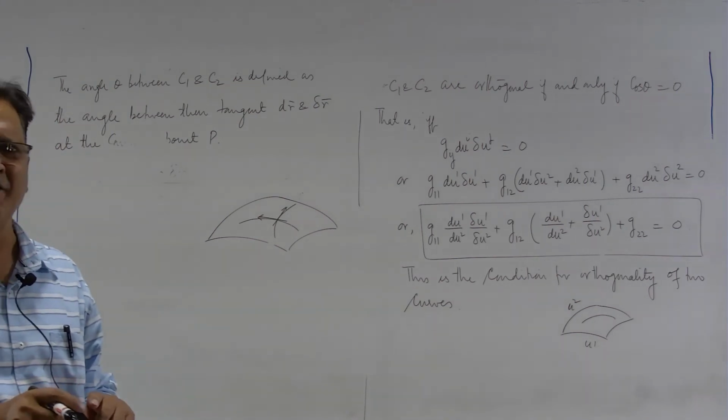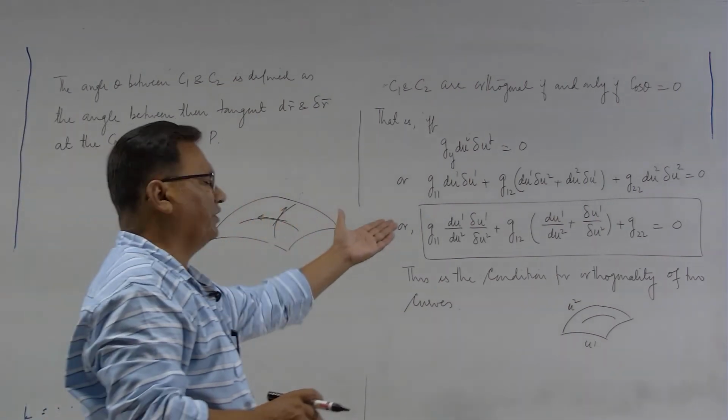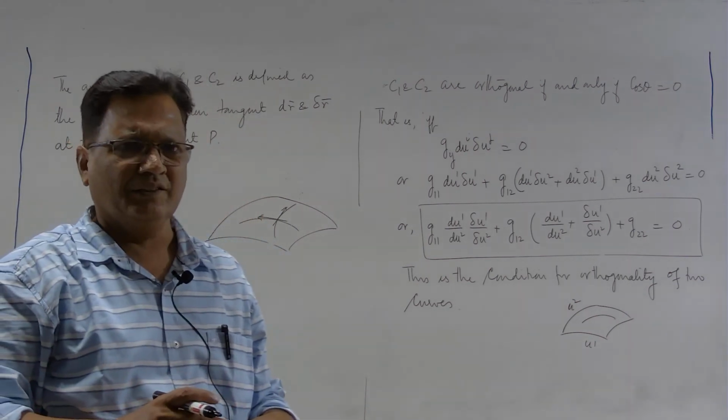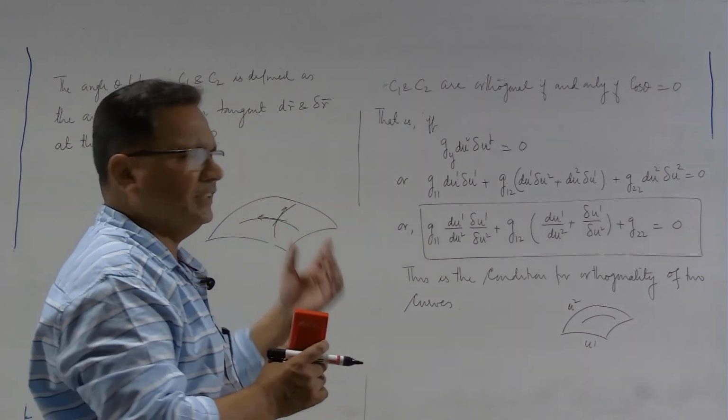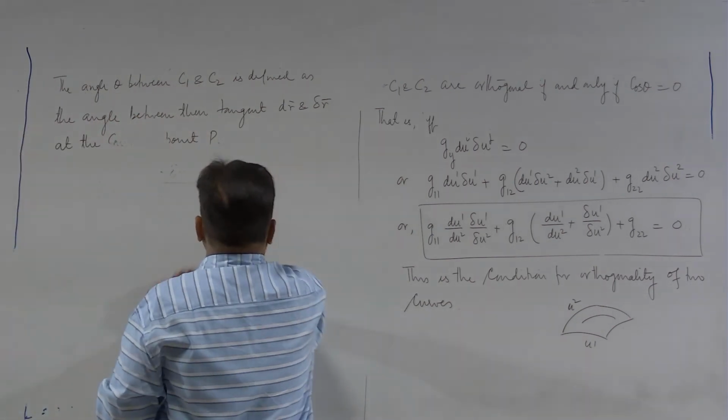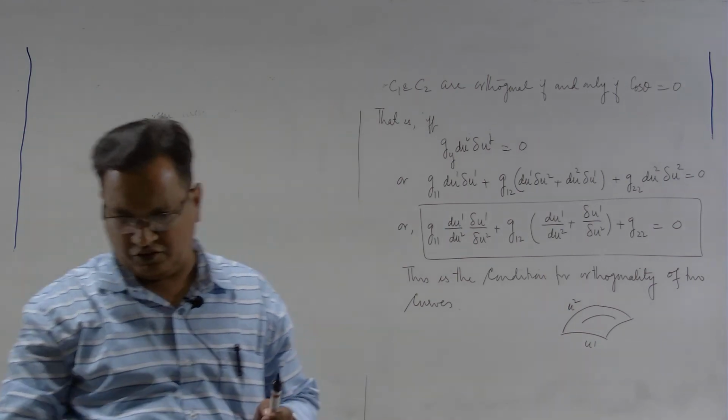Theta will be pi by 2, and that will lead you to this. But if the surface is complicated, you have to see it through the g I j's. Next lecture, so we can stop at this point.